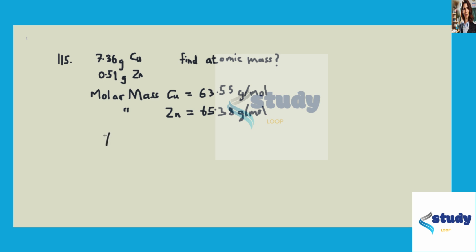So the total mass of this sample is essentially the sum of these two masses: 7.36 grams for copper plus 0.51 grams for zinc.